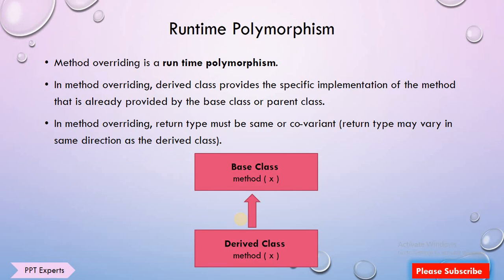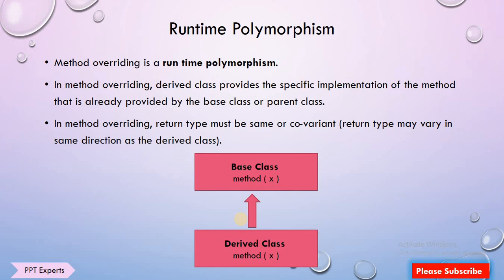So in runtime polymorphism, there would be a base class and a derived class. The base class will be a parent class. The method will be the same, but the classes would be different. So runtime polymorphism means two classes with different names but the same method name.